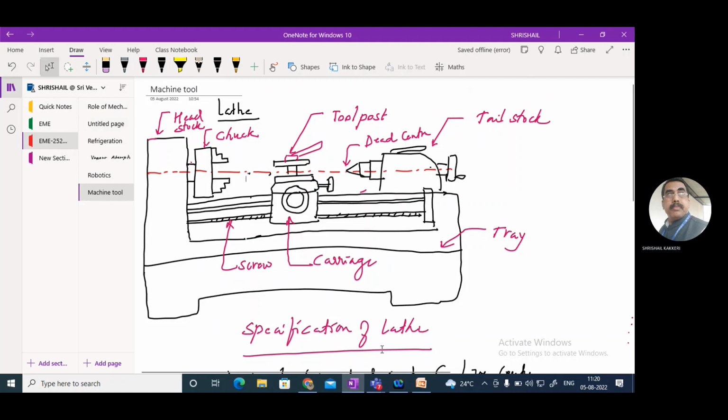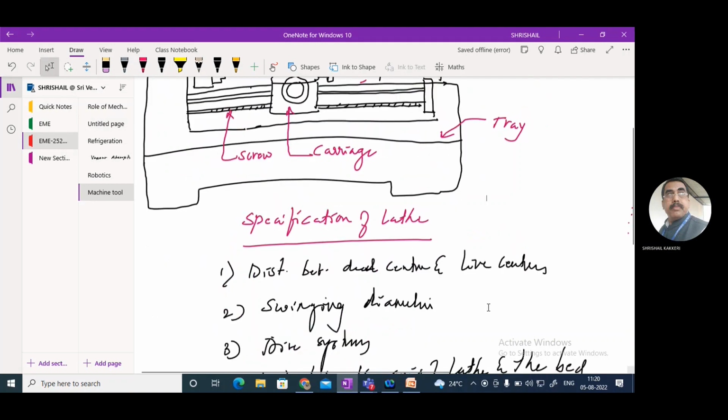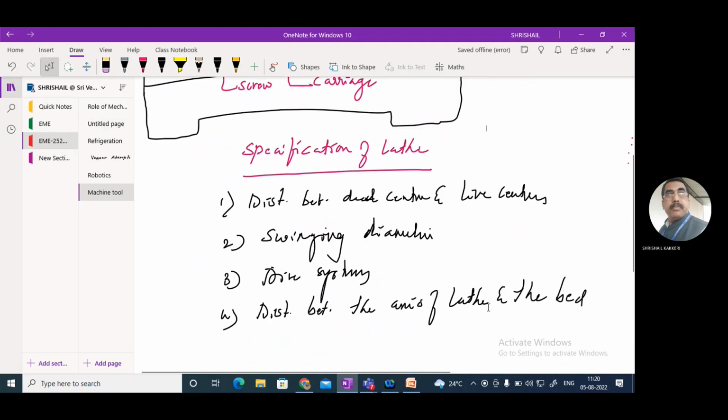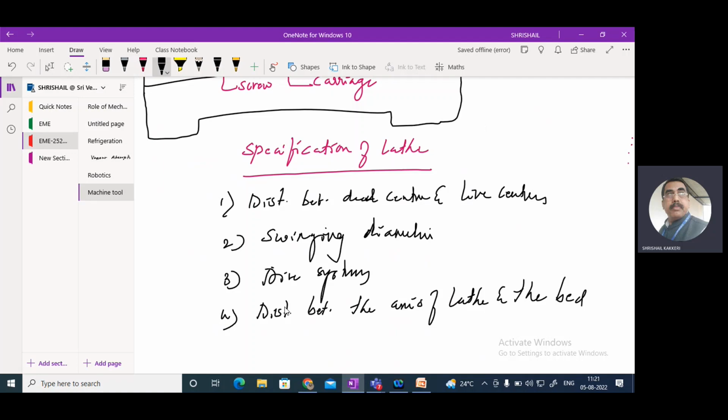Next one. These are very, very important things. And the next one, the power of the motor.